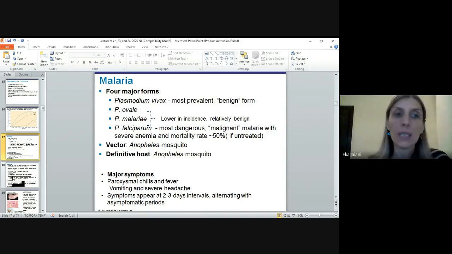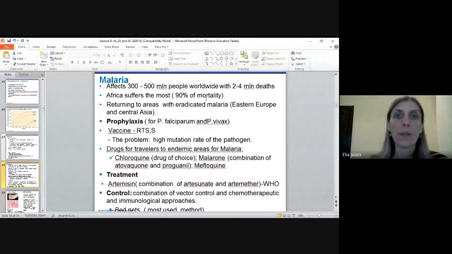It is quite a severe disease. You see that up to 500,000 people can die only in Africa, and Africa suffers the most. So we have millions of cases and many deaths.